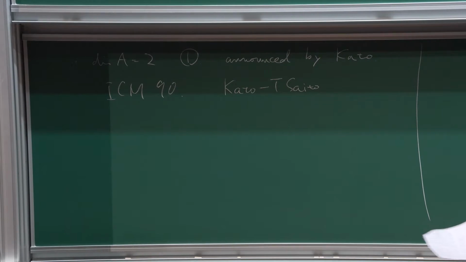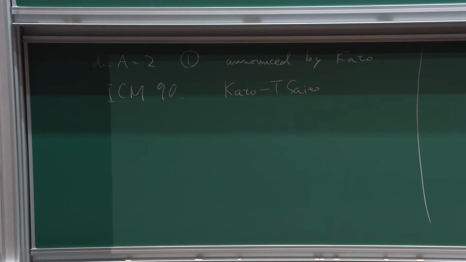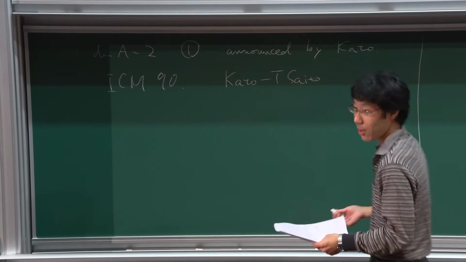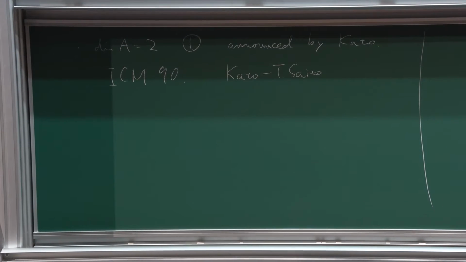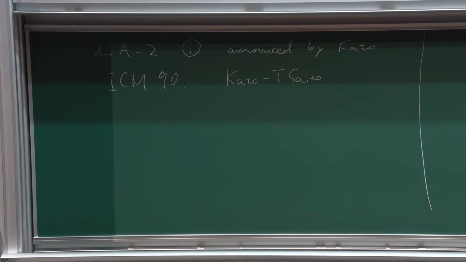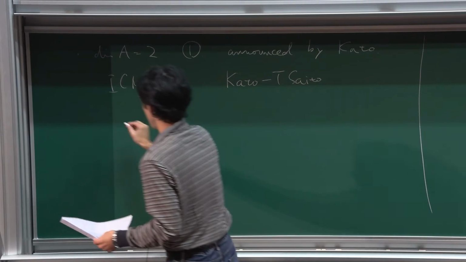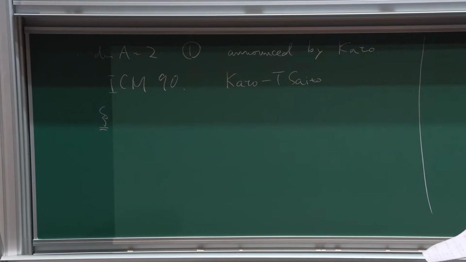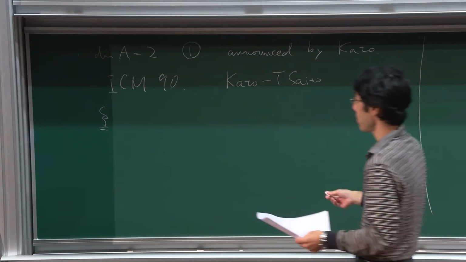Wrote a proof. I don't know if Kato ever wrote down the proof of his. Okay, so today I want to convince you that this theorem is not that hard anymore after the development of a theory of nearby cycles over general bases.